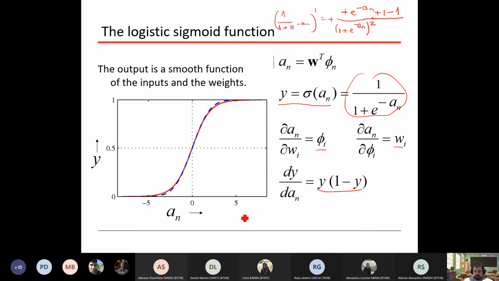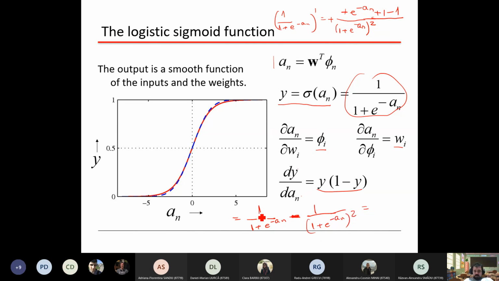So I'll continue here. Equals 1 over 1 plus e to the minus an multiplied by, sorry. So it's the first term, minus 1 over 1 plus e to the minus an, squared.